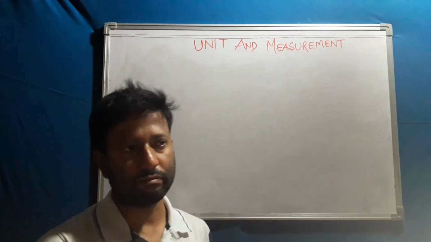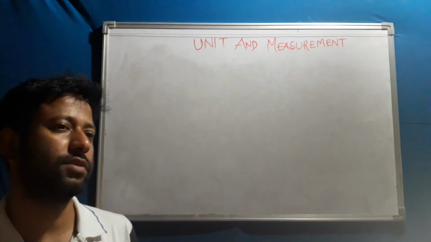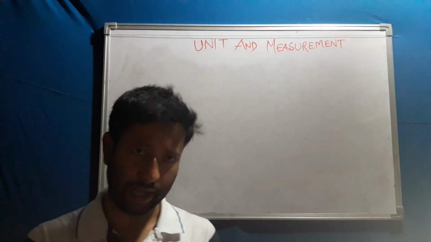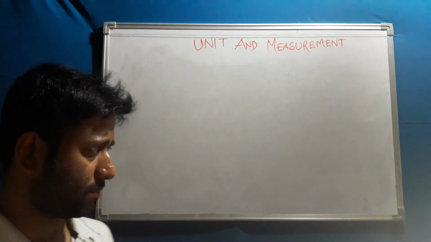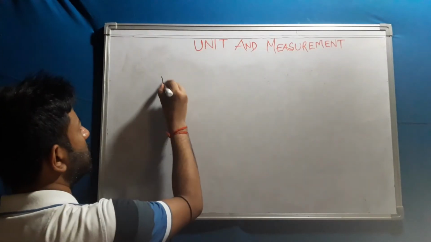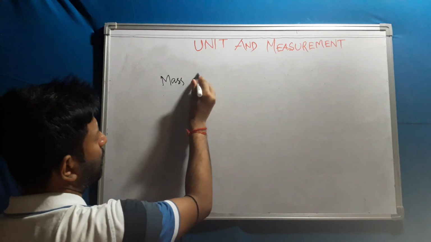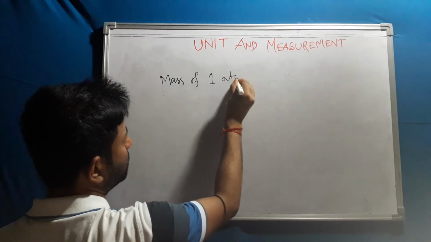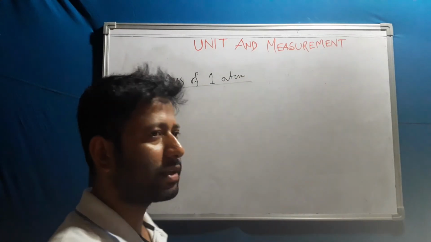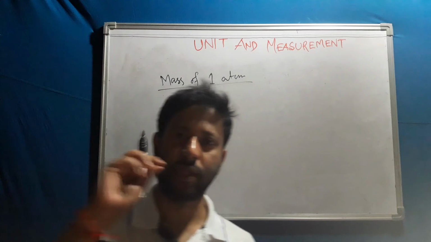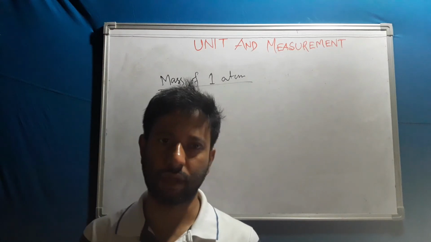Now if it is a large mass, that is okay, but how can we calculate a mass that is very small? Suppose calculation of the mass of one atom. In that case, we cannot separate one atom in any condition.